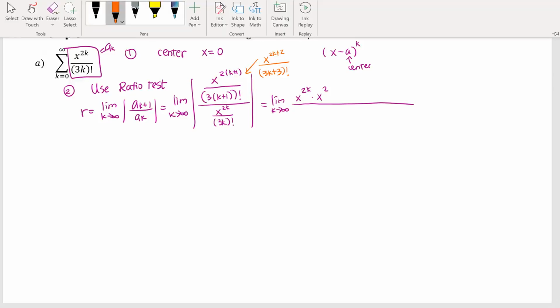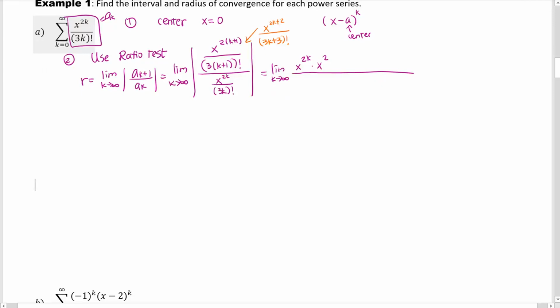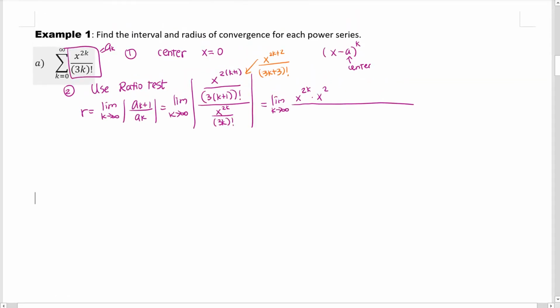So let's continue. 3k plus 3 factorial is 3k plus 3, 3k plus 2, 3k plus 1, 3k factorial. Good, because we use the 3k factorial in the denominator, we can stop right here. Then x to the 2k we put down, and 3k factorial we put up on top. Okay, so this is what we get.